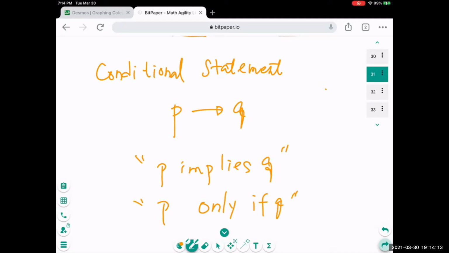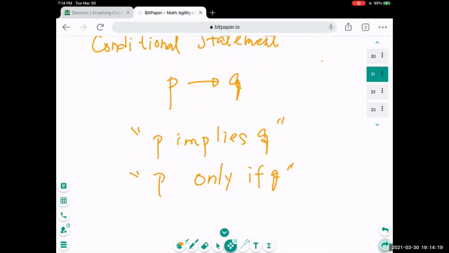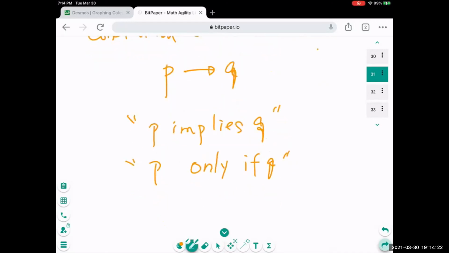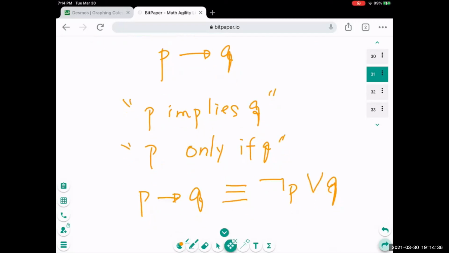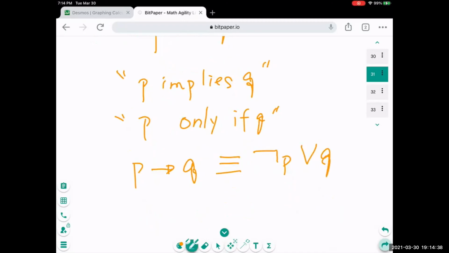So kung ibabase natin siya sa truth table, P conditional Q has an equivalence to negation ng P and then disjunction ng Q. So ang implication nito ay yung value niya is false only when P is true and Q is false.